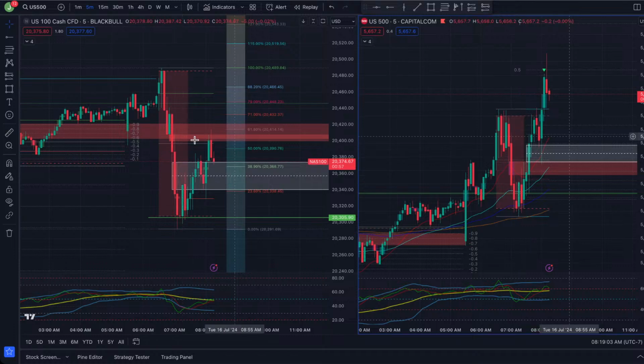As mentioned before, the decision was going to be made right here. Are we going to push this way, or are we going to push that way?